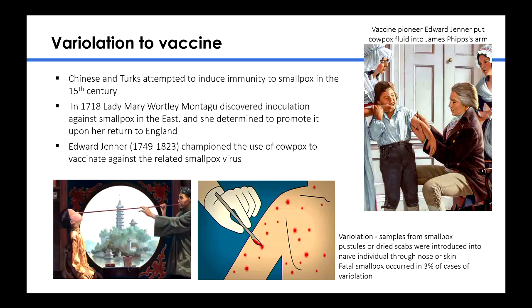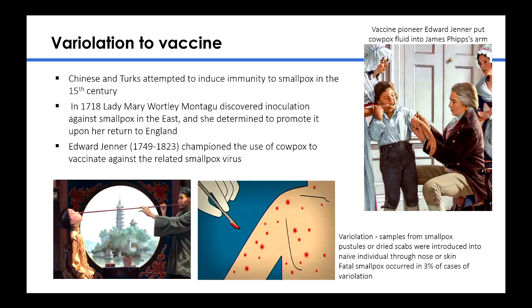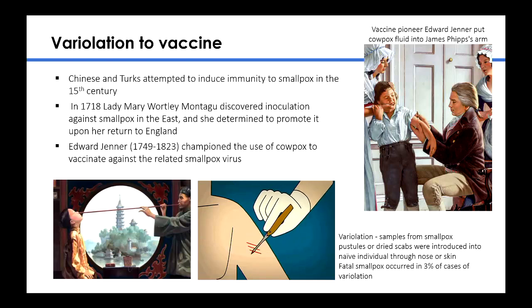She went back to England, and there she made public demonstrations of how that worked, and she also vaccinated her other kid in England to show that it was safe. She was putting her own kid forward to be vaccinated, or better said, variolated.